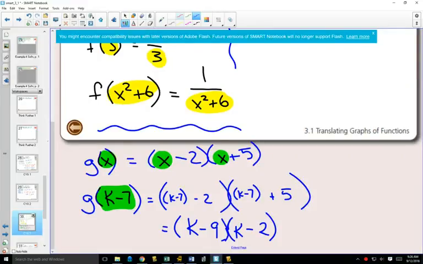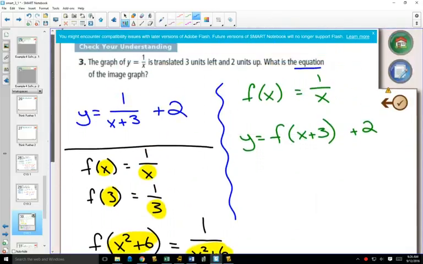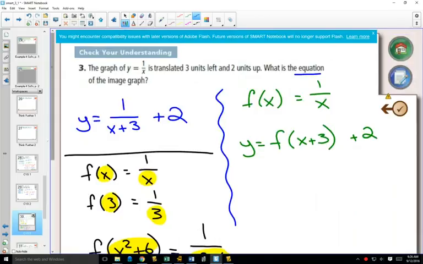That's the idea. So now getting back to our question, how do we do this same question in function notation? Well, we call the original function f of x or g of x, some sort of function. And then we know that it's 3 to the left and 2 up. So we can write that as an x plus 3 inside and a plus 2 after.